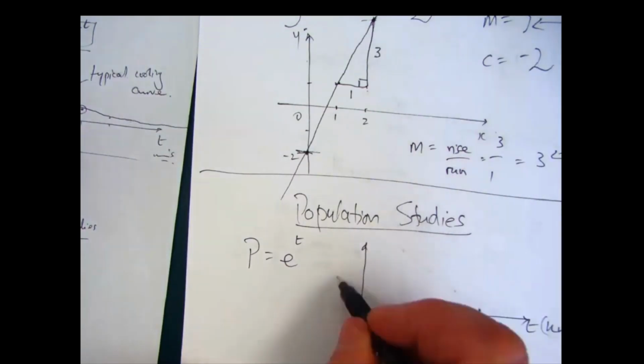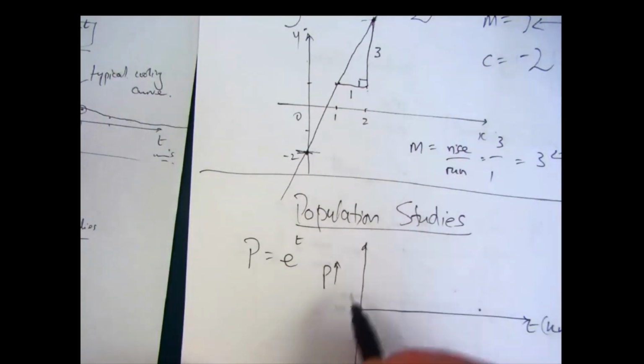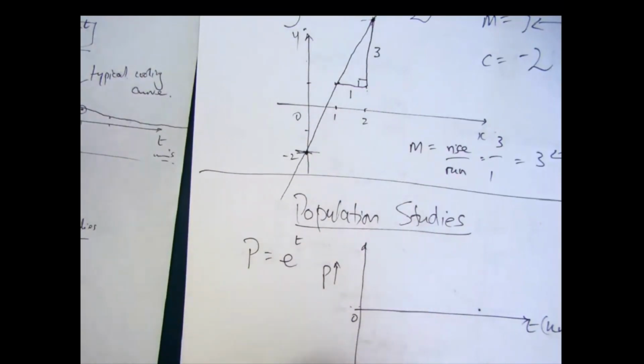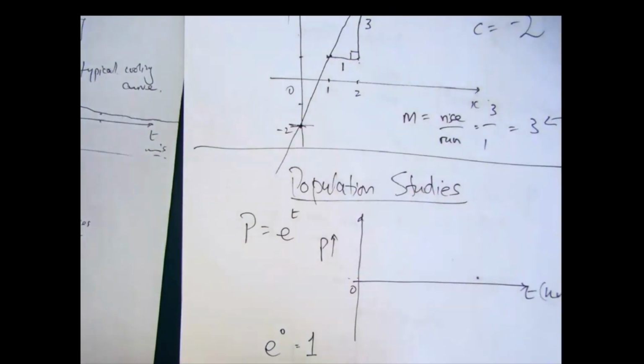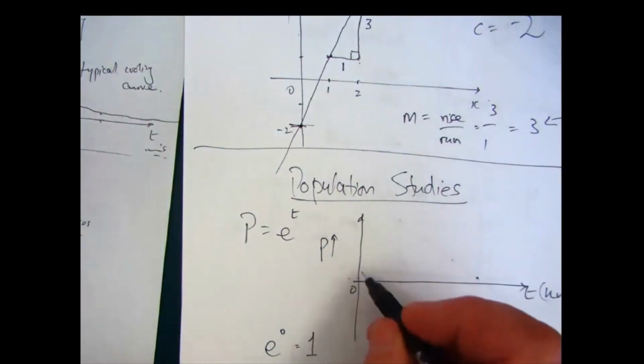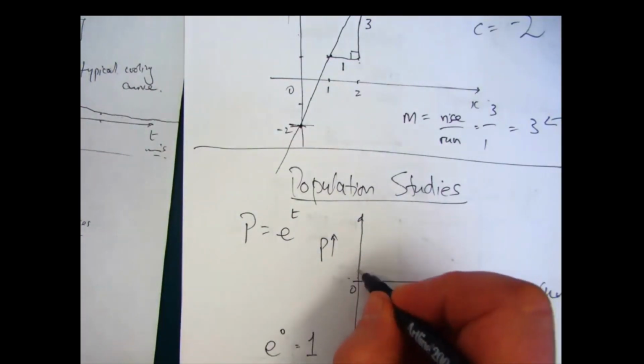Now, population numbers go up like this. When t is nothing, we know that e to the naught, anything to the naught, is 1. Remember the earlier studies that we've done, that anything to the power naught is 1. So in other words, the population here goes through 1.